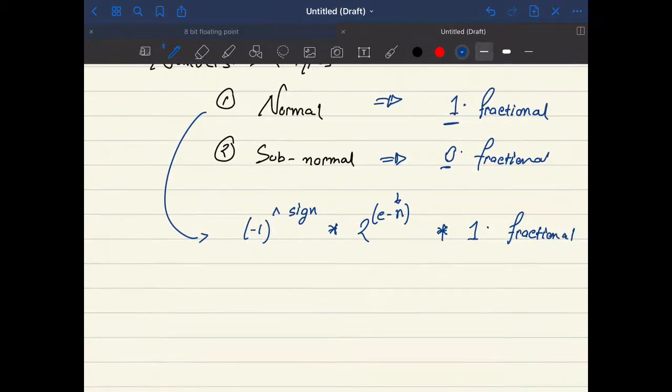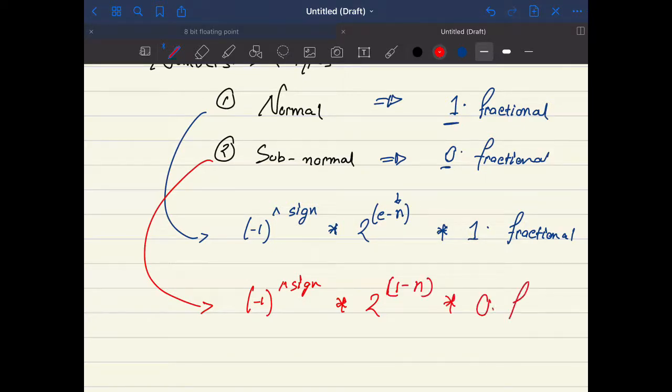And when it comes to subnormal numbers, the formula is minus 1 to the power sign, into 2 to the power 1 minus n, into 0 dot the fractional value. So this is the format.